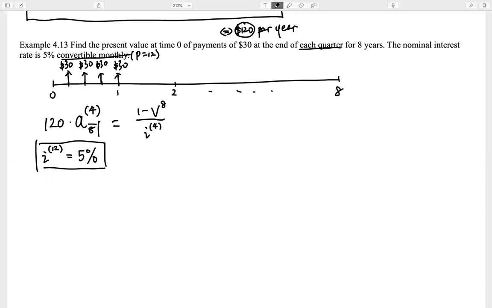There are 12 compounding periods in 1 year. And that's why I write i upper 12. So here 12 equals 5%. There's a mismatch, right? What we are given is i upper 12, but what we want to know is i upper 4. How can we convert from one to the other? But first, we can use this.